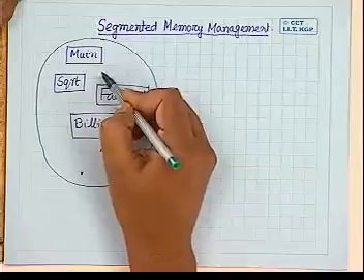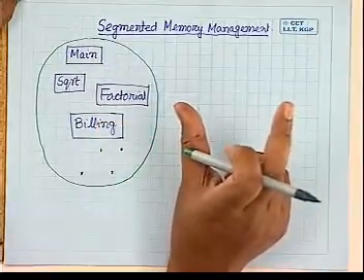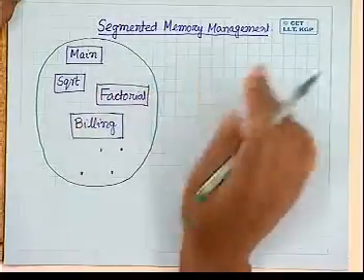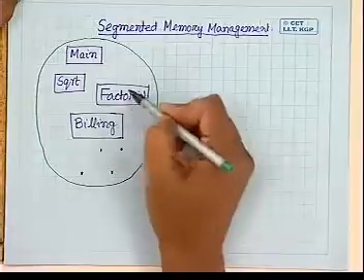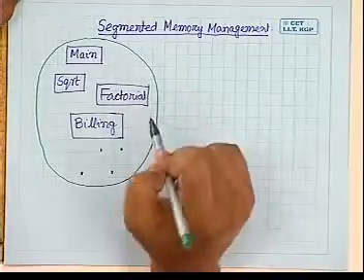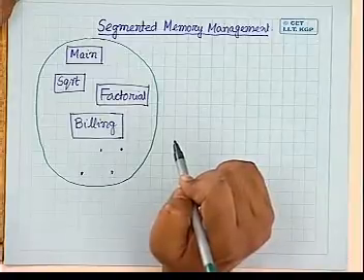So the idea is, whenever I load a program, it is quite natural that different functions of the program should be available in a block of memory. So the main function will be available in one block of memory, sqrt in another block, factorial in another block, billing in another block, and so on.